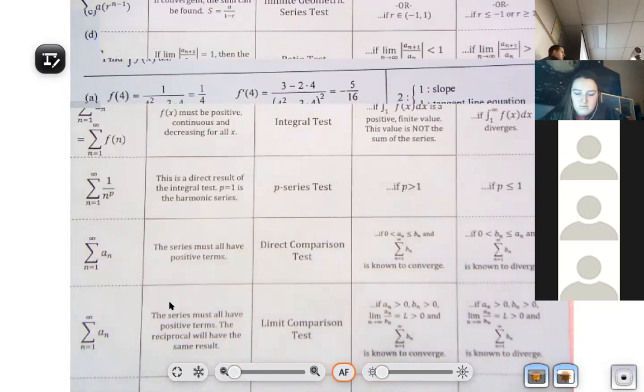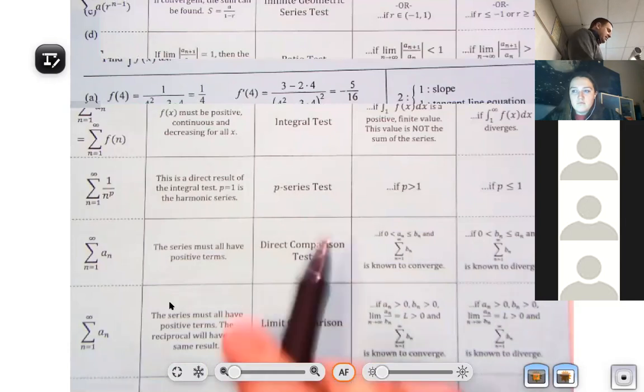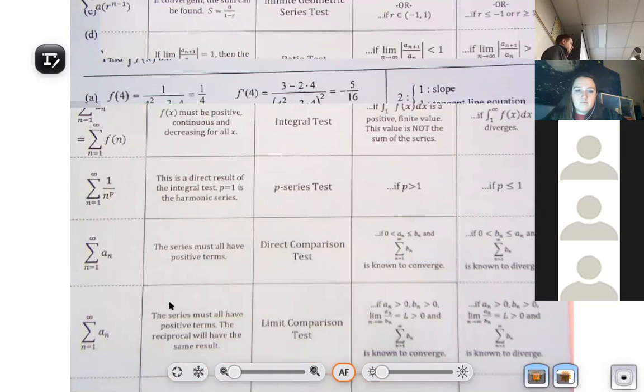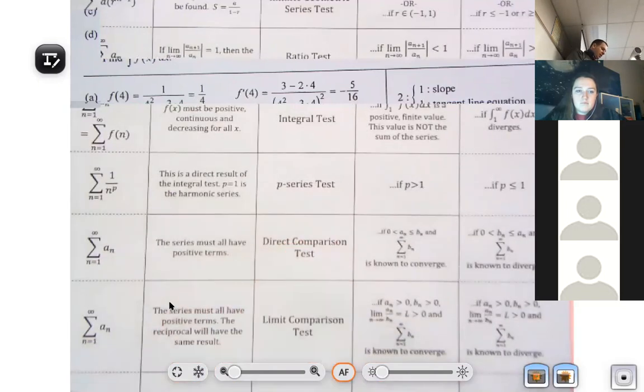I'll tell you why it's my least favorite one, but it's not a bad test, so long as you are good with improper integrals, because that's what we're doing with the integral test. The p-series test is the easiest one to do and see. There's literally no work to do for the p-series test. Kind of nice. So let's jump to the notes for today on the integral test and the p-series test.